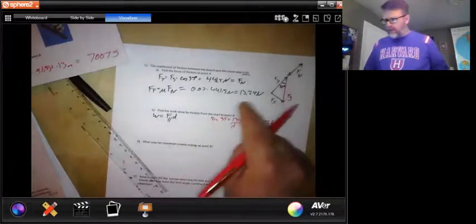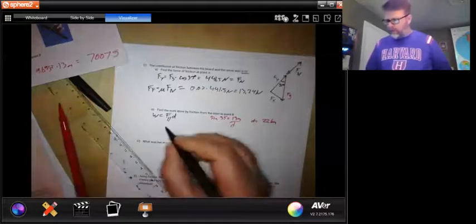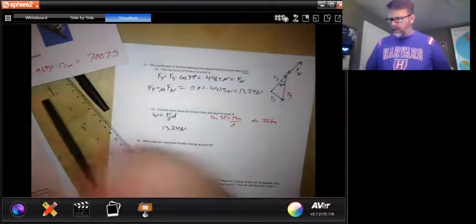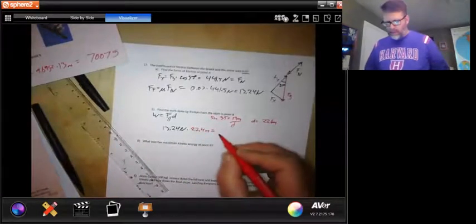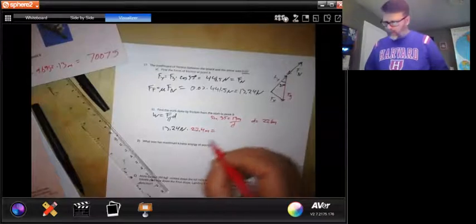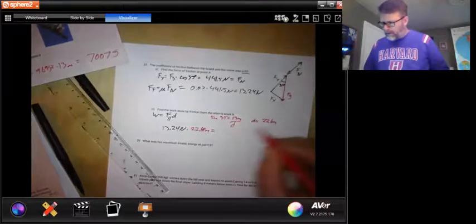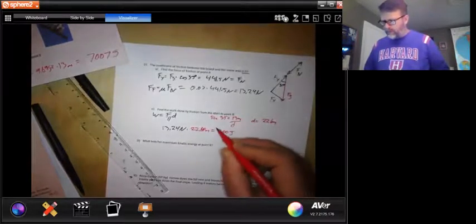Now we can multiply it by that force. Our force was 13.24 newtons, and our distance was 22.6 meters. That should give us something very close to 300 joules.